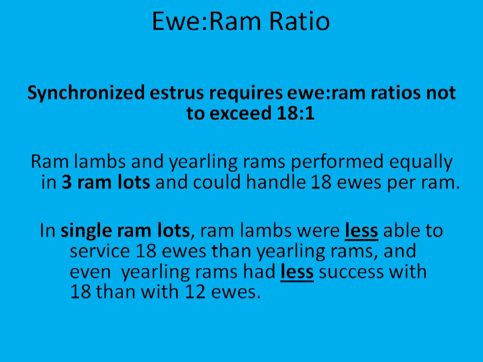And even the yearling rams had a little less success with 18 than they did with 12. So from that, we recommend never more than 18 and never more than about 15 with a ram lamb. So those are the recommendations for ewe-ram ratios in that case.